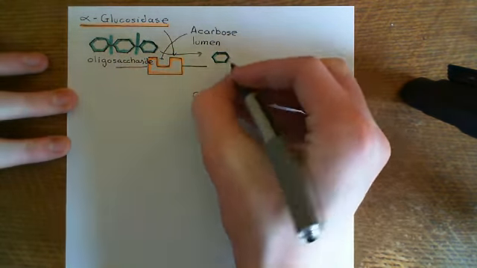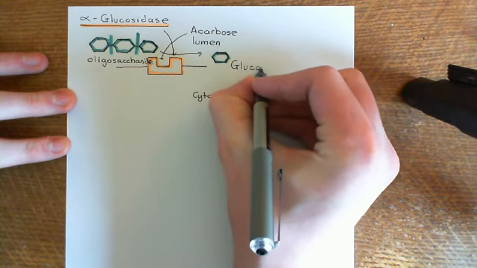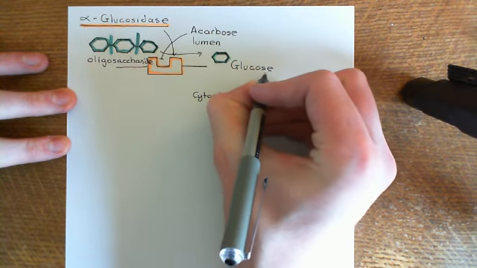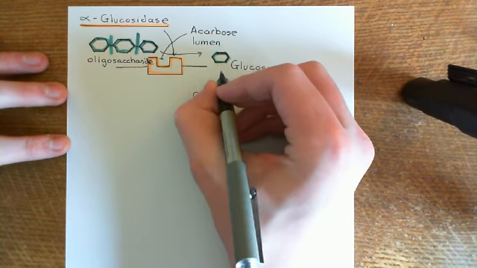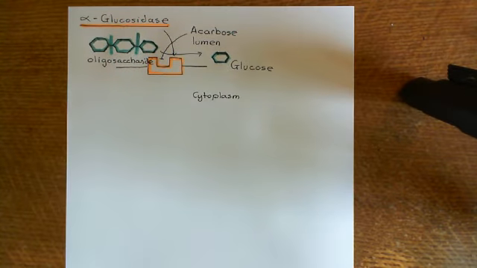Now what does that mean? That means that when you eat a carbohydrate-rich meal, the rise in glucose that you get due to eating that meal is going to be slower. So the rate at which glucose is going to be entering the bloodstream is going to be slowed down, basically.